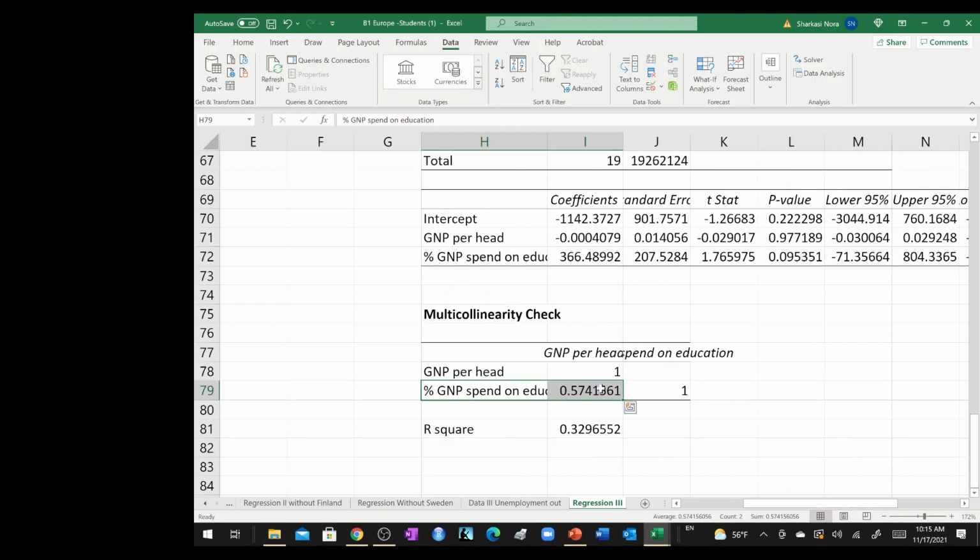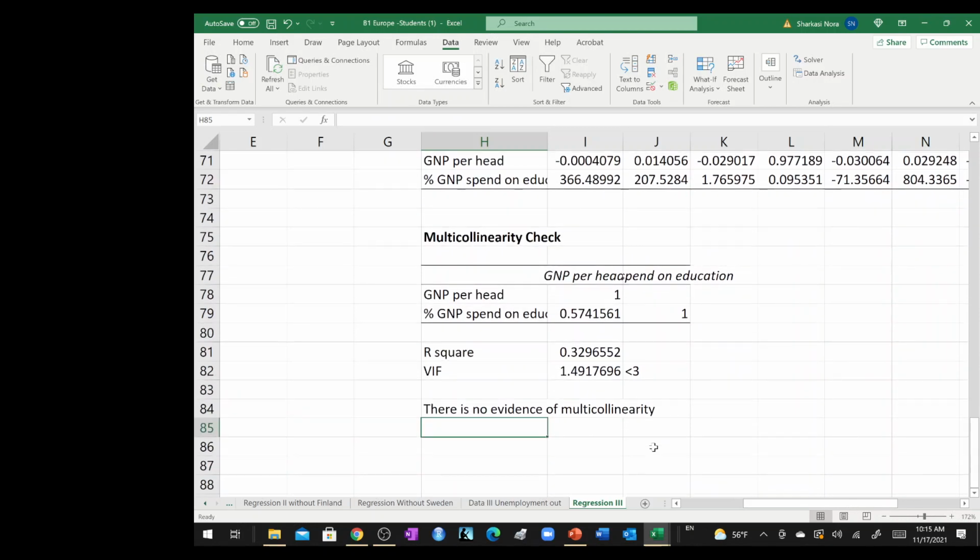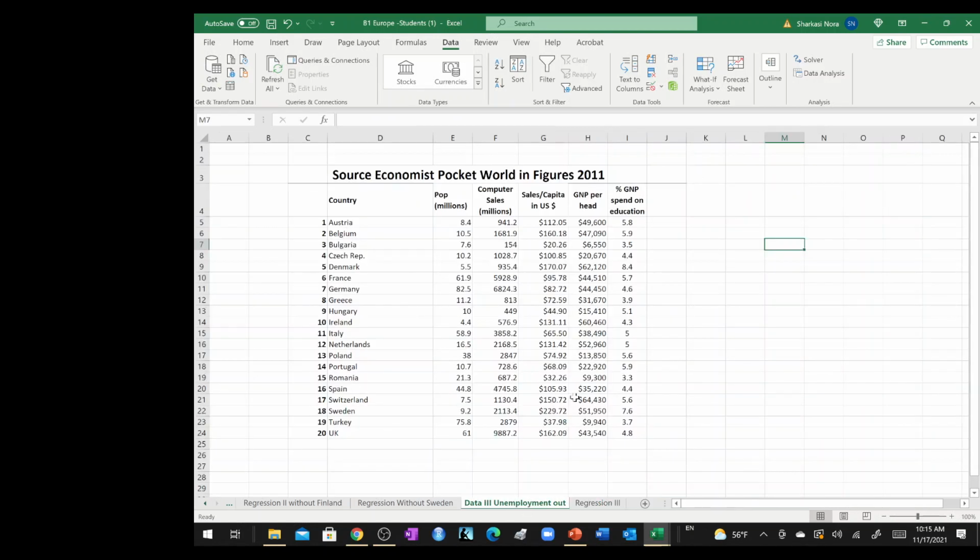So in this sense, this is the R square and the VIF would be 1 over 1 minus this, and this value is less than 3, so we say there is no evidence of multicollinearity.